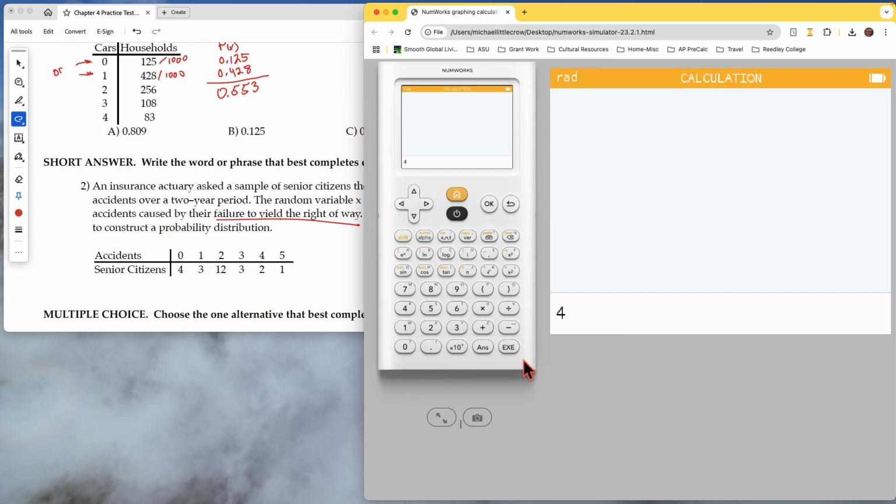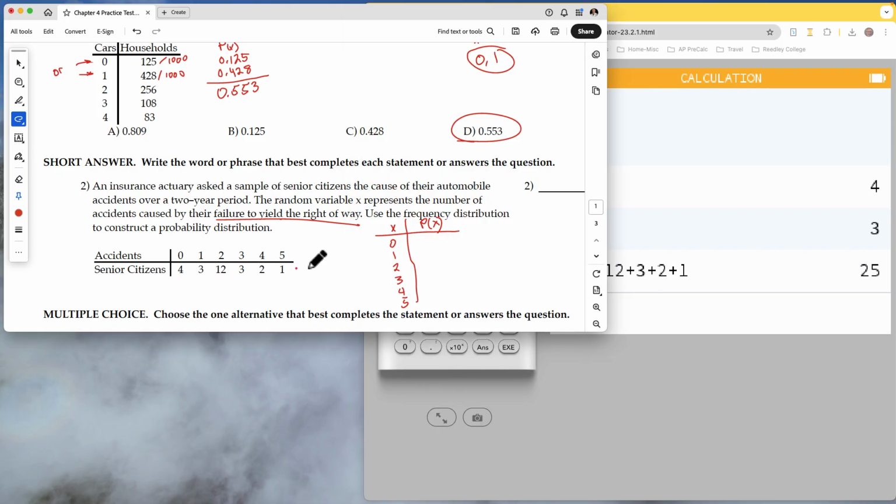Just to be safe, we'll go ahead and use the calculator. You have to add 4 plus 3 plus 12 plus 3 plus 2 plus 1. We've got 25 total. We're going to take each of these and divide by 25.